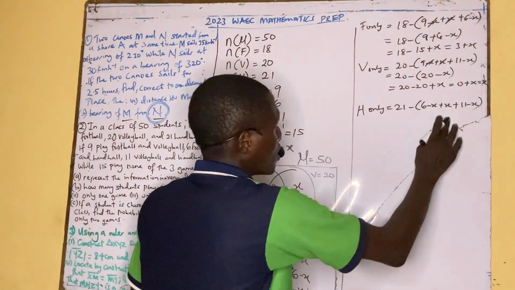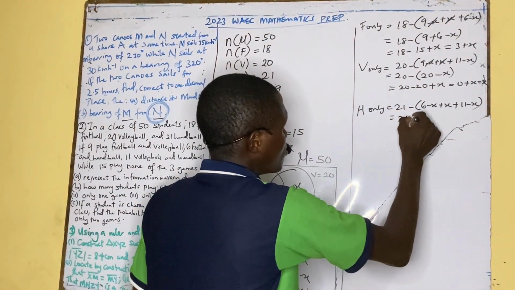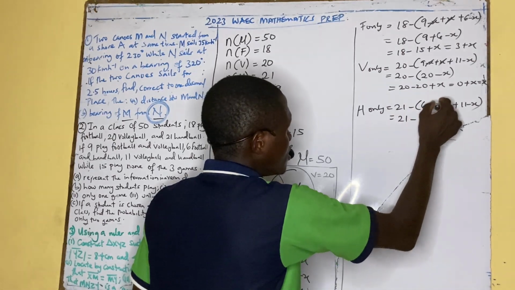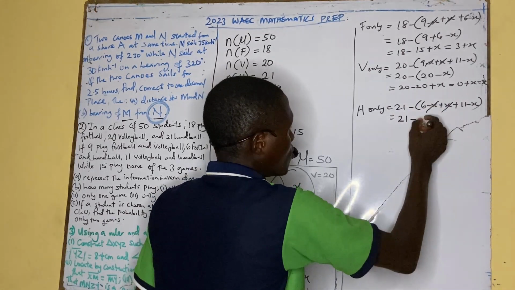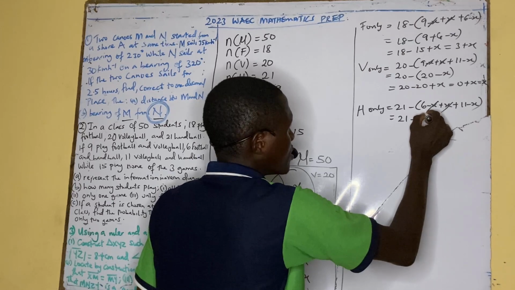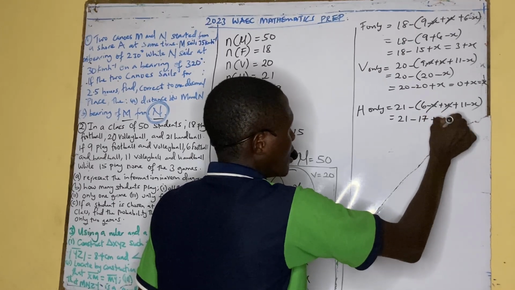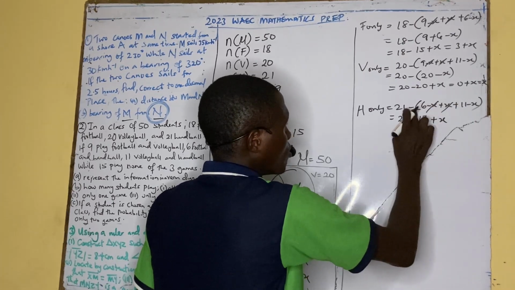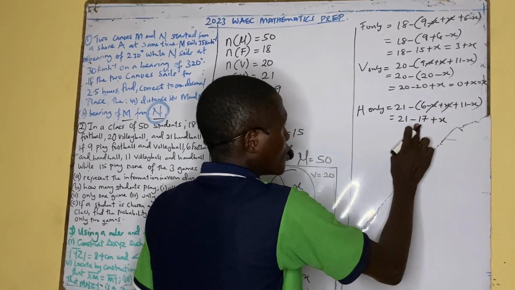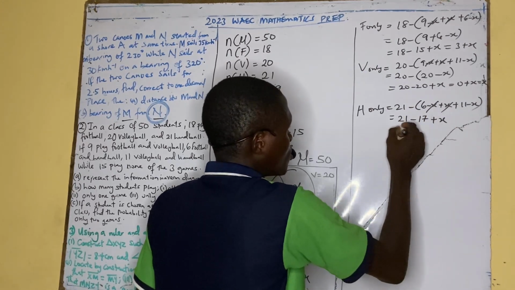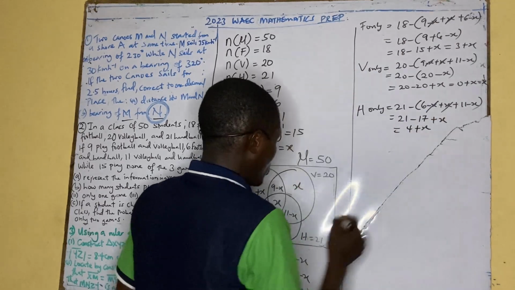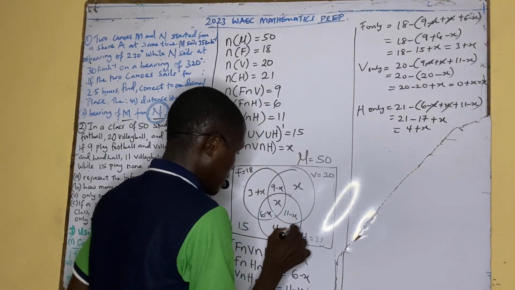We have 21 minus, this one cancels out, 6 plus 11 will be 17 plus X. So I have opened bracket, 6 plus 11, then minus 17, then minus the plus. So we have 4 plus X here.